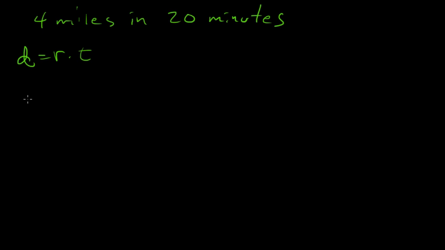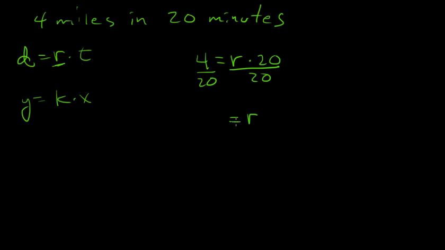Now all we're doing is saying y equals k times x, but we're just changing the letters around. x is time, y is distance, k is your rate. That's your speed. Okay? So the distance that he travels is 4 miles. So 4 equals the rate times 20 minutes. It takes him 20 minutes to travel 4 miles. So we divide by 20, divide by 20. r equals 4 over 20, which equals 1 over 5.